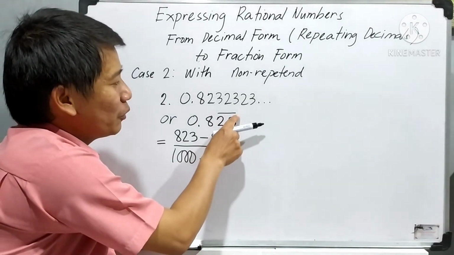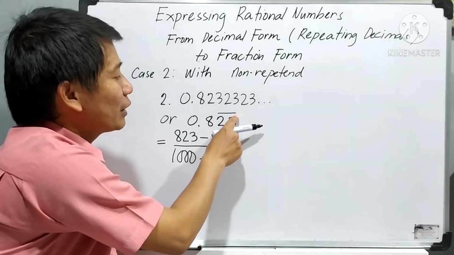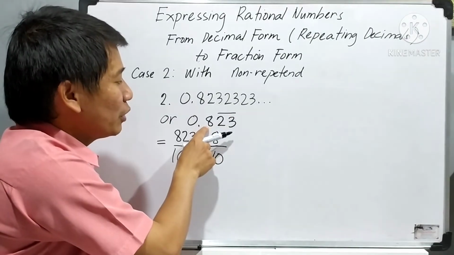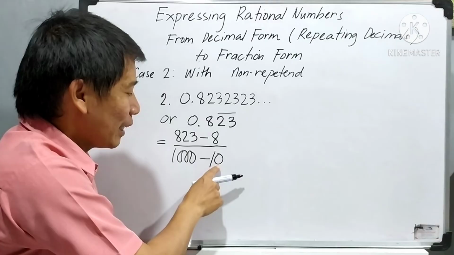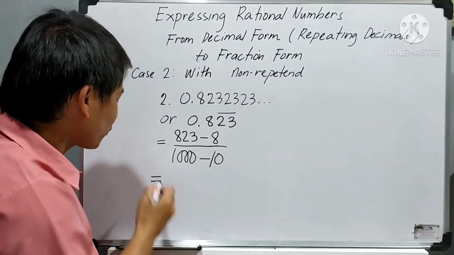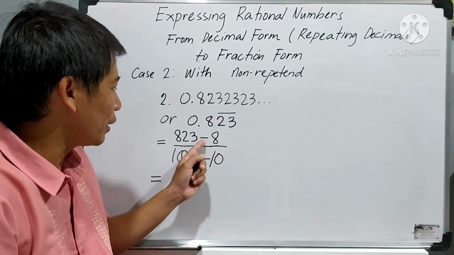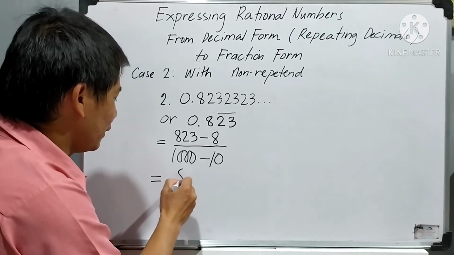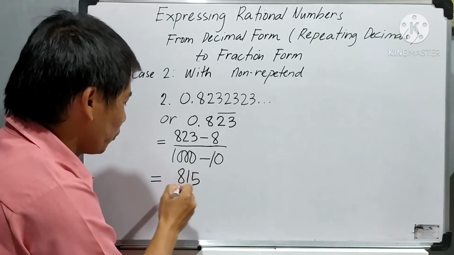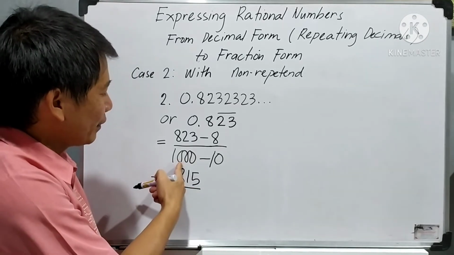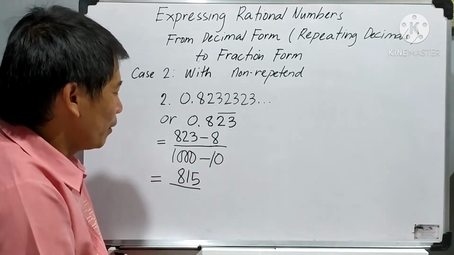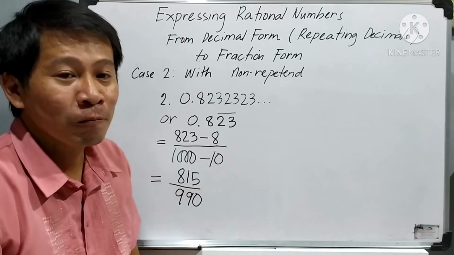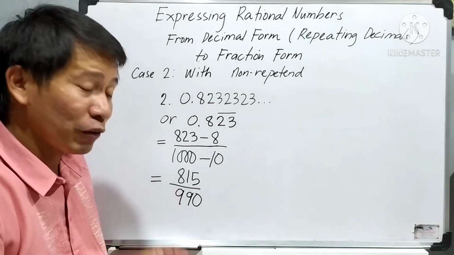The place value of the last digit, which is thousands, minus the place value of our non-repeated digit, 10. So let's simplify it. 823 minus 8 is 815, over 1,000 minus 10, which is 990. So that is our equivalent fraction.